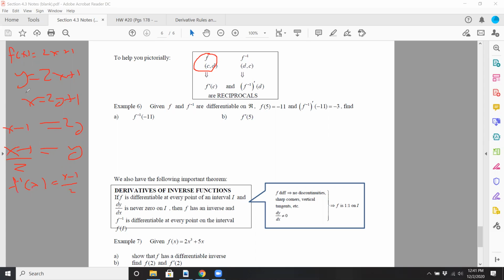So for my original, let's say I plugged in 2. Well, f of 2, of course, is 5. Then guess what? The inverse of 5 will equal 2. So they should, right? We know this.